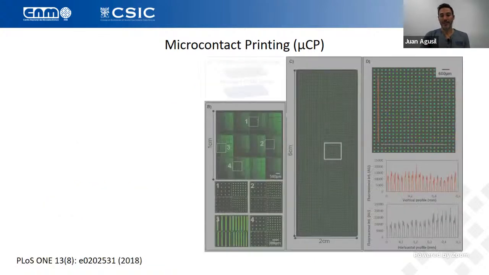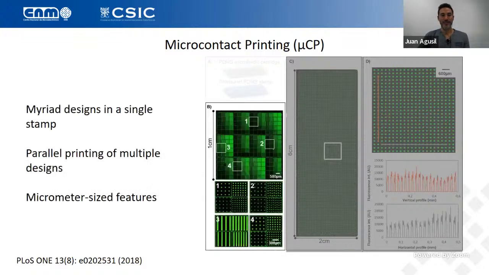This technology offers a lot of advantages, as exemplified in this work: you have a lot of designs in a single stamp. You can design the mold here in the CNM with photolithography, and the designs can go down to micrometer size features.